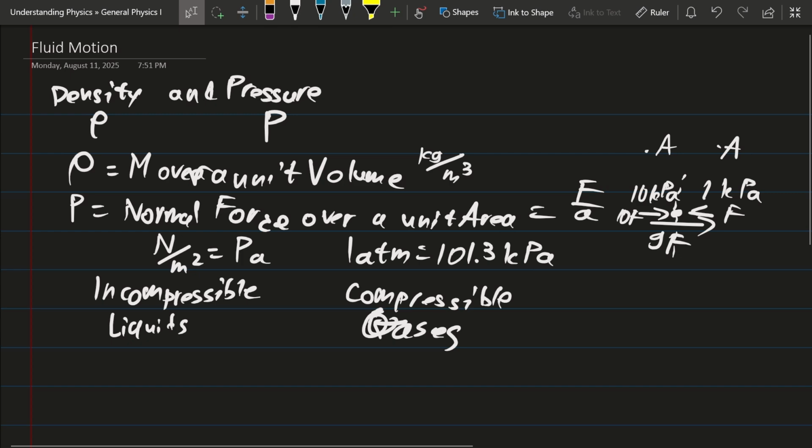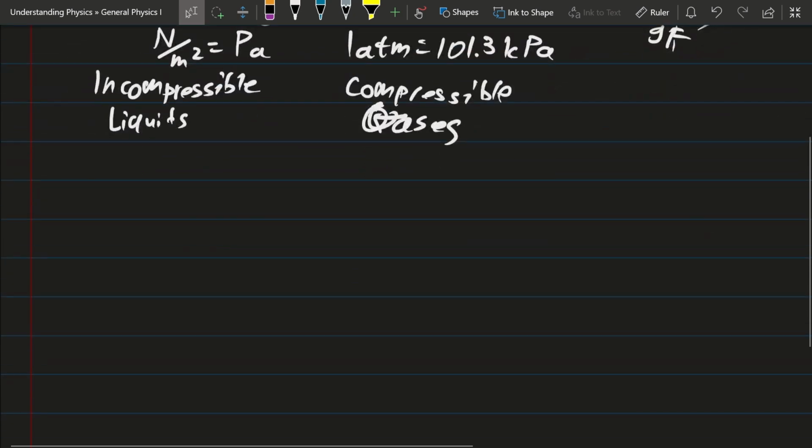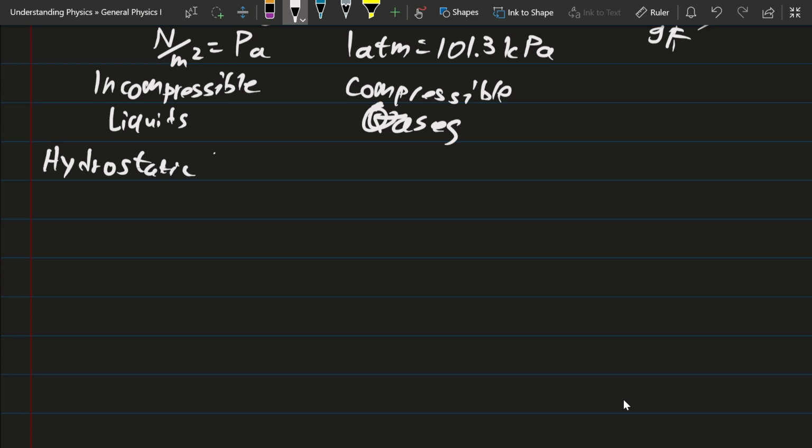So we want to start to talk about hydrostatic equilibrium. Hydrostatic equilibrium is when your fluid will remain at rest. This doesn't mean that the particles would remain at rest, but the entire fluid doesn't change its properties over time.